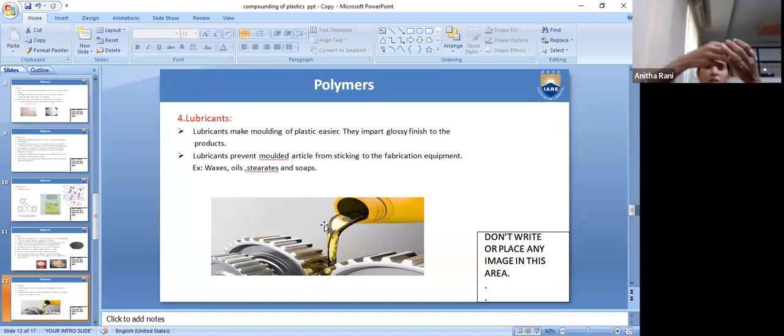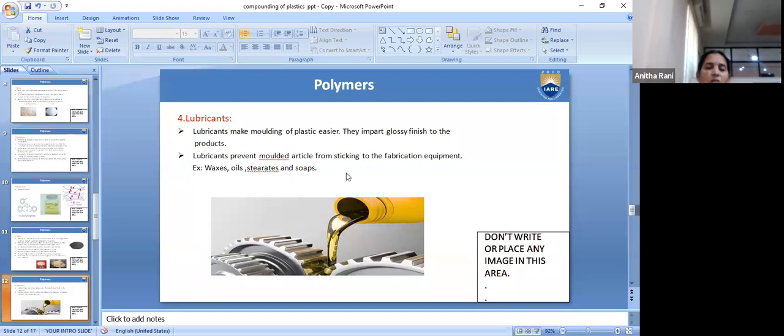So that when we take the mixture of resin with ingredients into molding machines or fabricating equipment, the polymer material does not stick to the fabricating equipment.